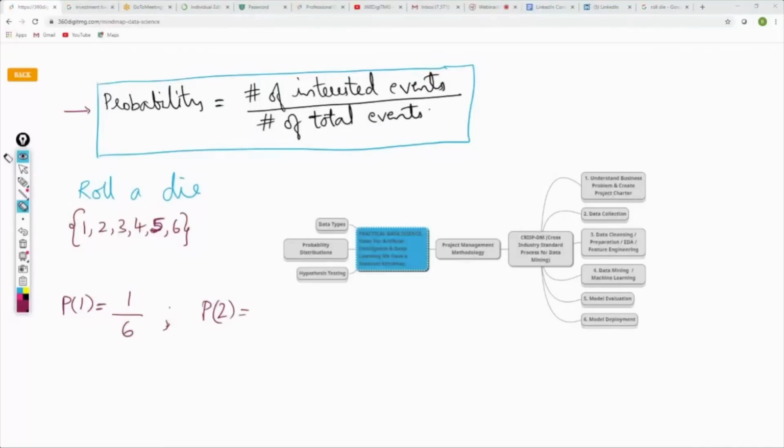Number of interested events: here you're interested in a single event called 2. So it will be 1 divided by the total number of events, which are 6. If I say probability of getting a 6, 6 is a single number, so the number of interested events would be one divided by the total number of events, which are 6. So 1 by 6. This is a probability.